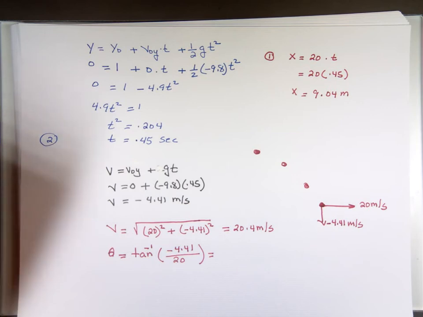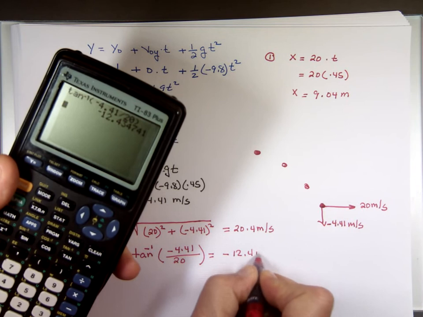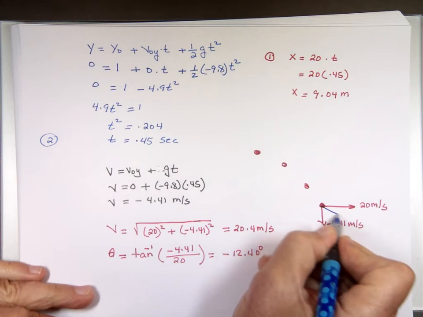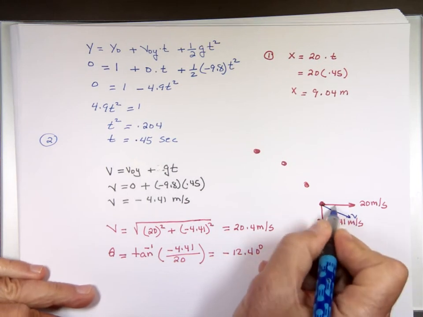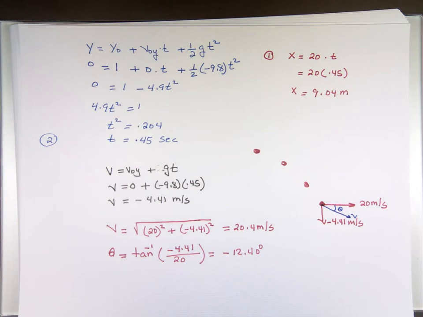And that's negative 12.4 degrees. That's below the x-axis. So if I show you what that angle looks like, it's this one. That's your velocity, and this is the angle theta. If that was sand, where the ball is going to land, it's going to go in that direction. Or if that's a pool and you dive into it, you're going to go in that direction, and that's the angle you're going to be entering the water with.